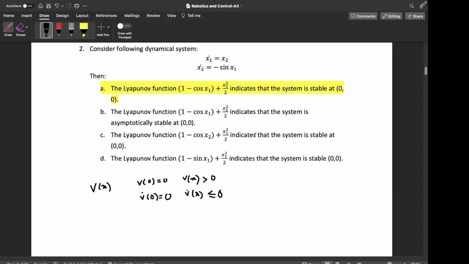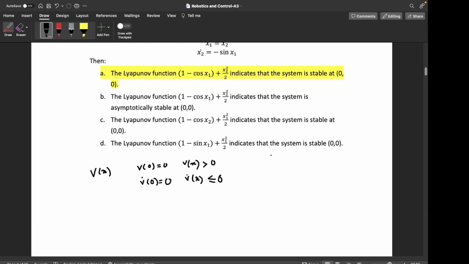So let's check both these functions. The first function is here. Let's write both these functions. When I denote this x with a bar, it is an x vector, a column vector containing x1 and x2.